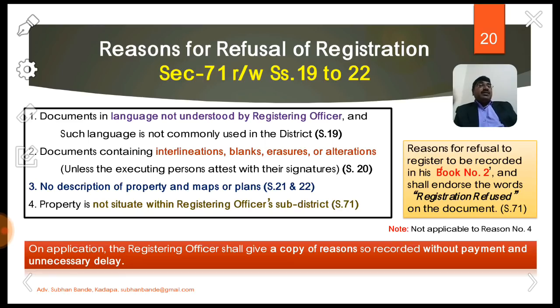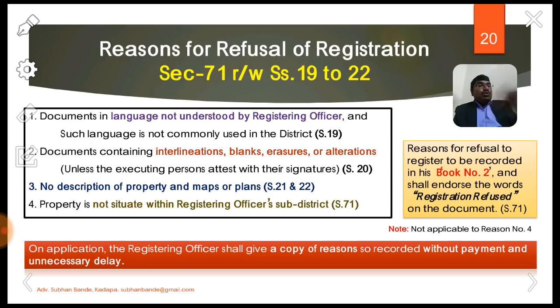There is an exception to this rule: if the persons executing such document attest by affixing their signatures where the interlineations, erasures or alterations are made, then those documents shall be accepted for registration.